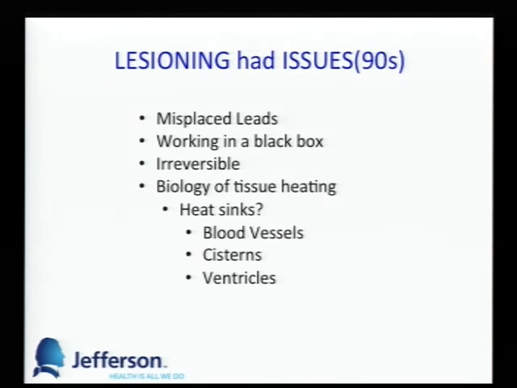Now you have to think that the brain, based on the perfusion, which I can talk about maybe in the discussion, has an incredible capability to dissipate heat, right? The cisterns, the CSF, the blood flow, all of this affects heat transmission in the brain. And in the old radiofrequency era, we had no way of understanding that. So in a lot of ways, this is why radiofrequency was not the right tool for this, as well as the anatomic constraint.